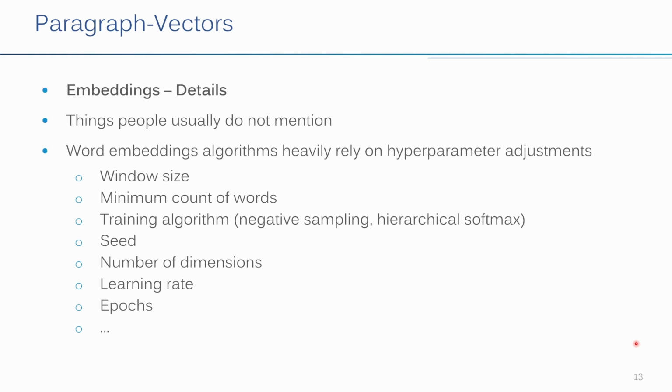For example, what is the minimum count of words that you're using, or what is the learning rate, or how many epochs you're running, or for your training algorithm, are you using negative sampling or hierarchical softmax. And there's a bunch of other hyperparameters that people purposely or not omit. Of course, sometimes it might slip, and that's fine. But keep that in mind when you're trying to either reproduce or reuse other people's work, right?